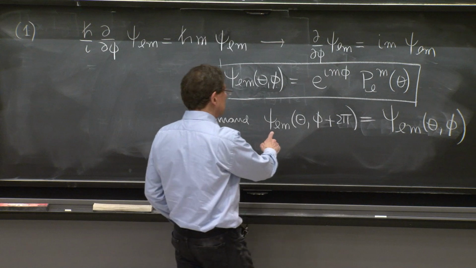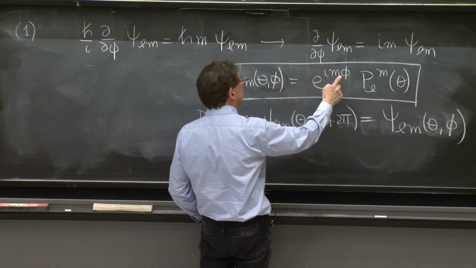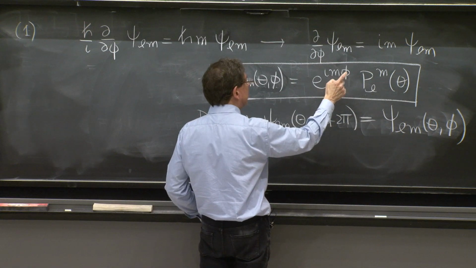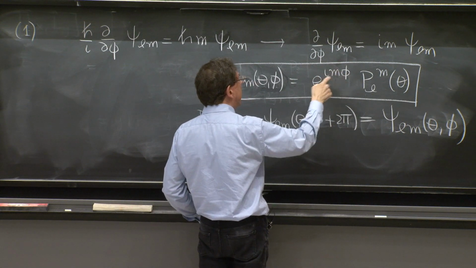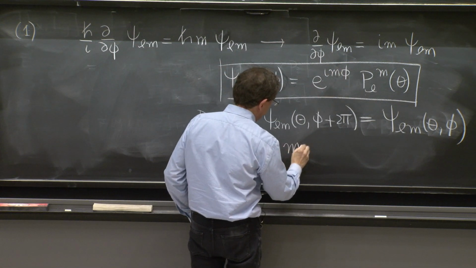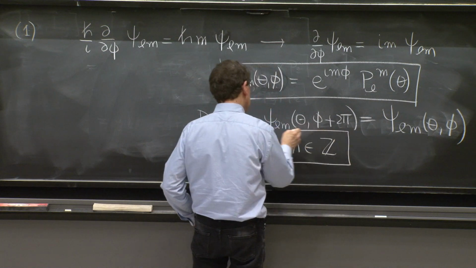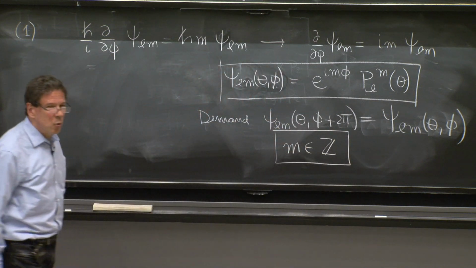So this condition here requires that this function be periodic, and therefore when phi changes by 2 pi, it should be a multiple of 2 pi, so m belongs to the integers. So we found the first quantization.